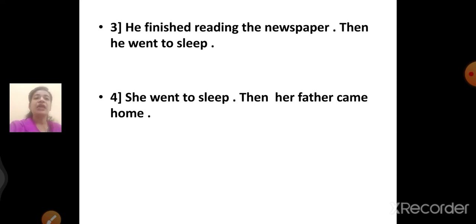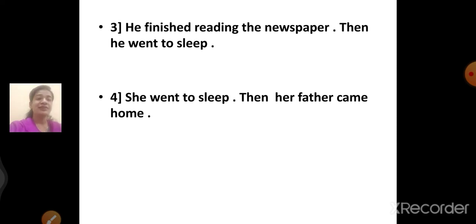Third one, he finished reading the newspaper, then he went to sleep. You're going to start with after. After he finished reading the newspaper. Now when the first sentence is over, you're going to put a comma. You have to remember this.